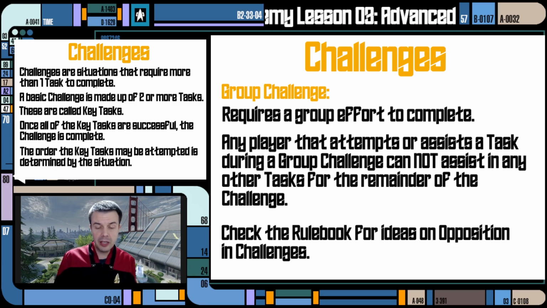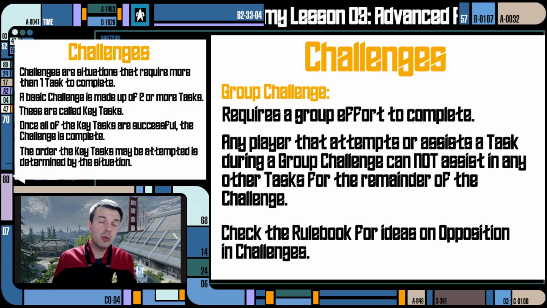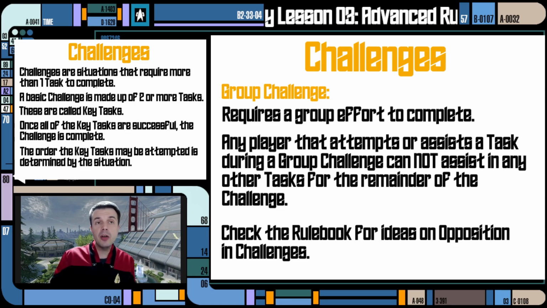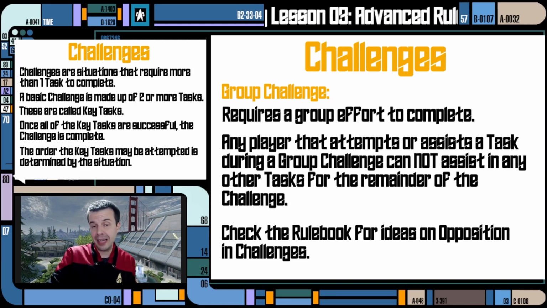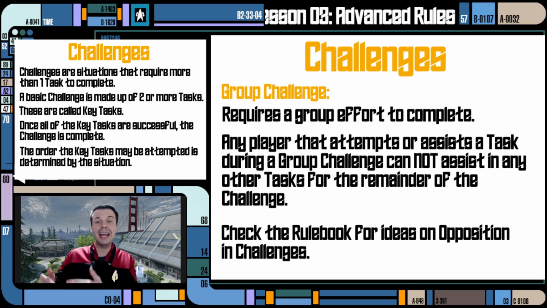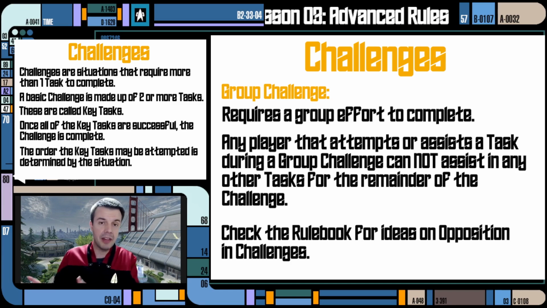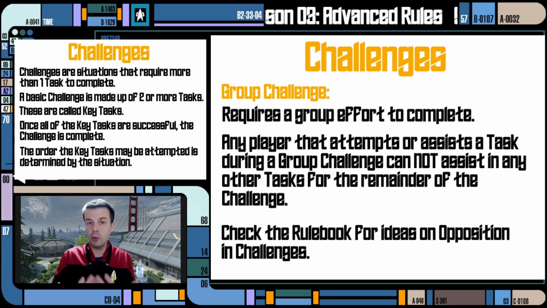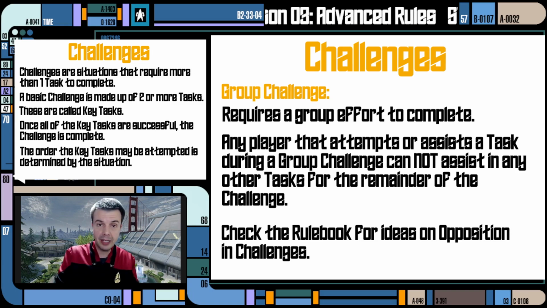So the special rules for the group challenge are that if a player is performing a task or assisting a task in the group challenge, they are not able to assist in another key task of that group challenge because they are already occupied doing one key task.